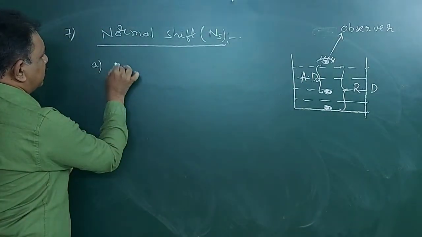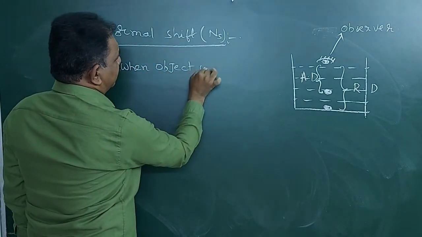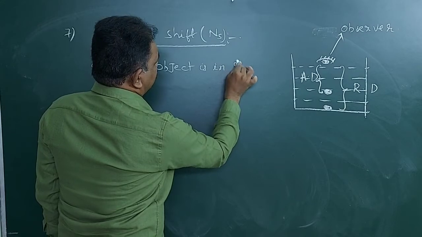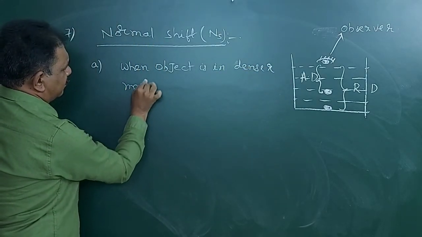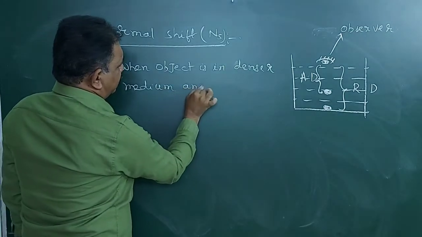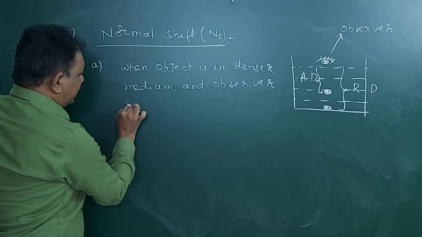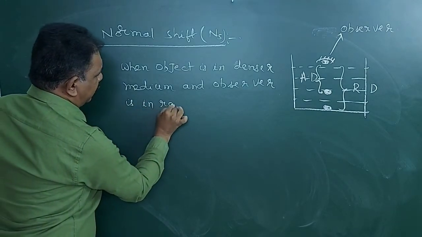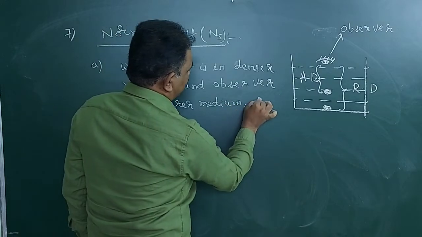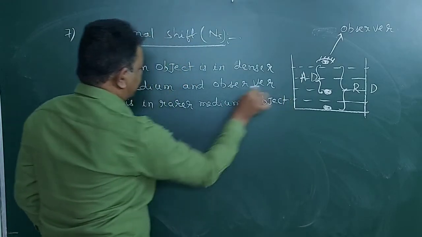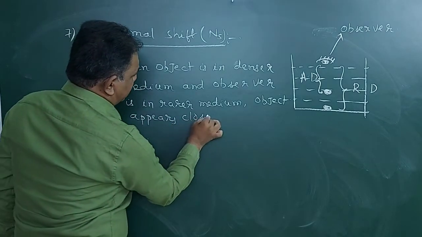So first one, when the object is in denser medium and the observer is in rarer medium, the object appears closer.